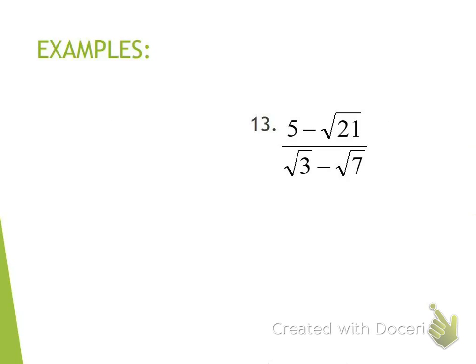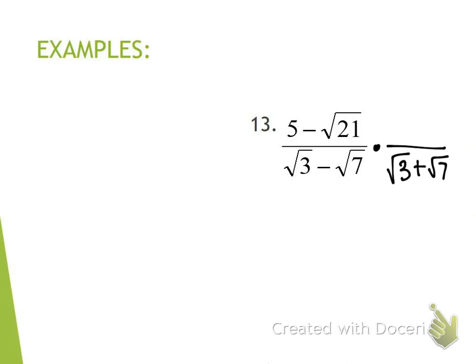All right, on 13, we need to multiply the numerator and the denominator by the conjugate of the denominator. What is it? Negative root 3 plus root 7. Close. Good. Only the sign in the middle changes. Root 3 plus root 7.